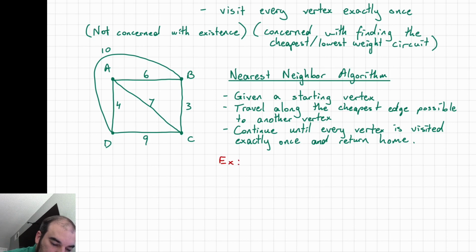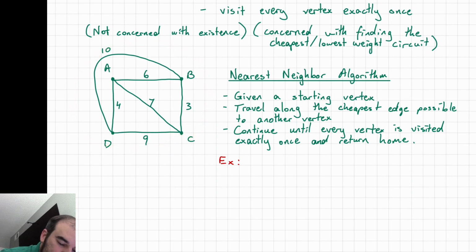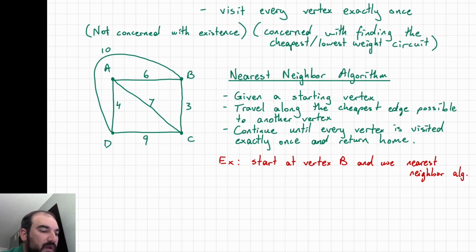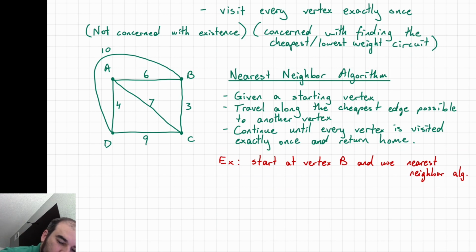For example, if we use this graph given to us, and we want to start at vertex B and use the nearest neighbor algorithm, we would start at vertex B. So how we would write the answer to this is we would start at B, and we would write the edges that we take.